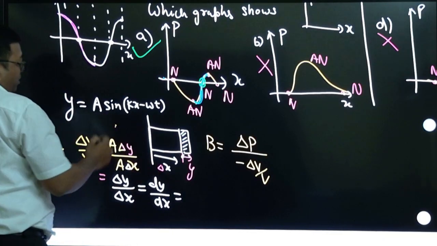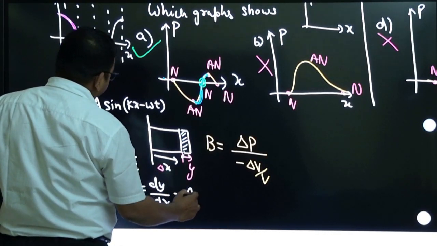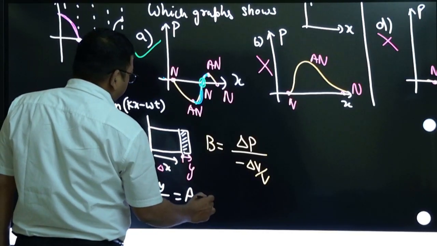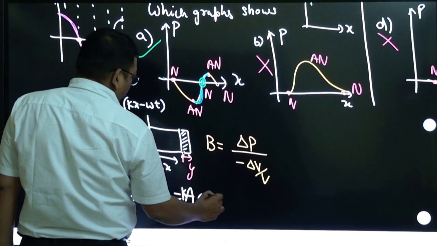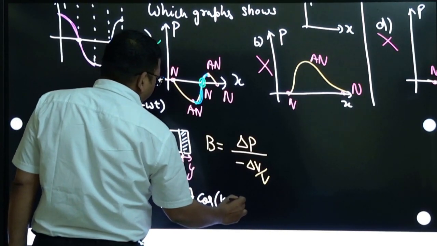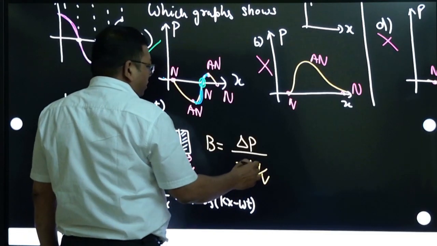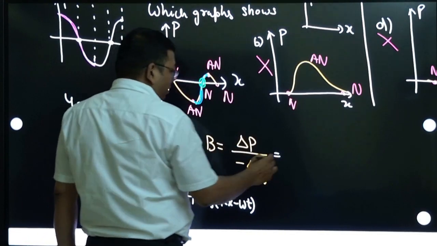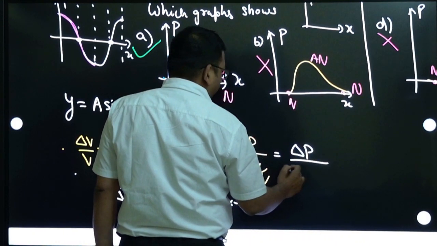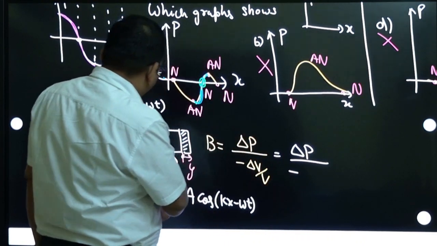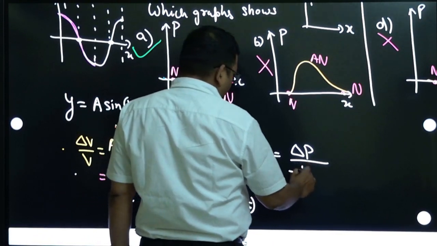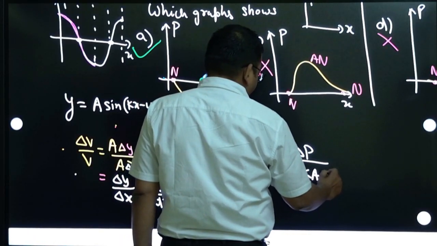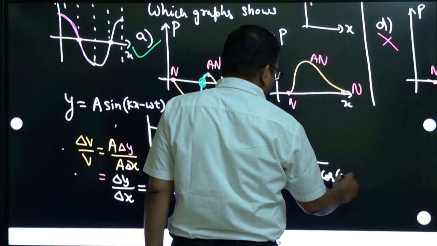Dy by dx, when you differentiate that, sine differentiation becomes cos, and k also comes out: ka cos kx minus omega t. So here what we can write is delta p divided by minus delta v by v, which is dy by dx, which we write as ka cos kx minus omega t.